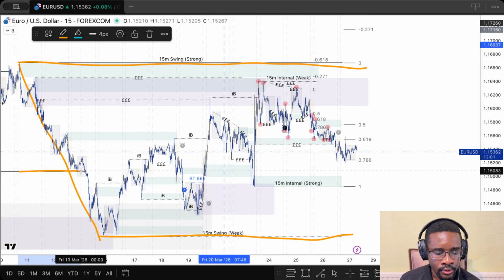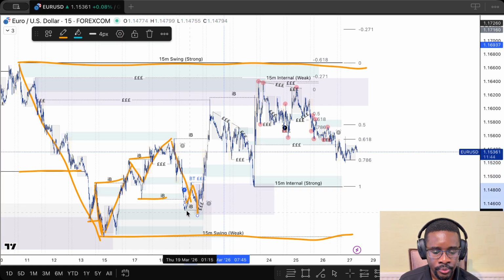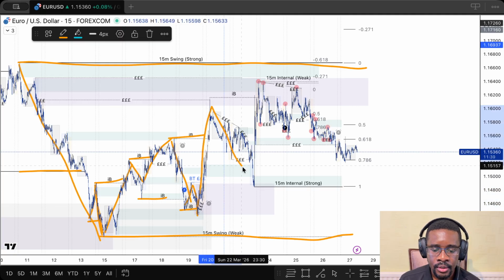So we did have a swing break of structure, and then this was the last push down, internally, where we had this break. And so when price came up, we broke structure, and then since then we've been breaking structure up and down. Came up, pushed down, broke structure, and then eventually came up, broke structure, and now we've broken structure again.